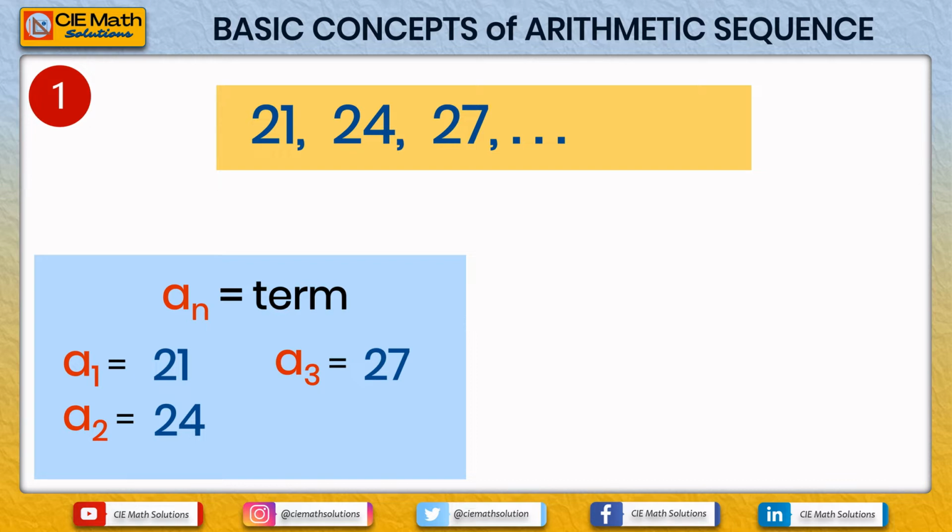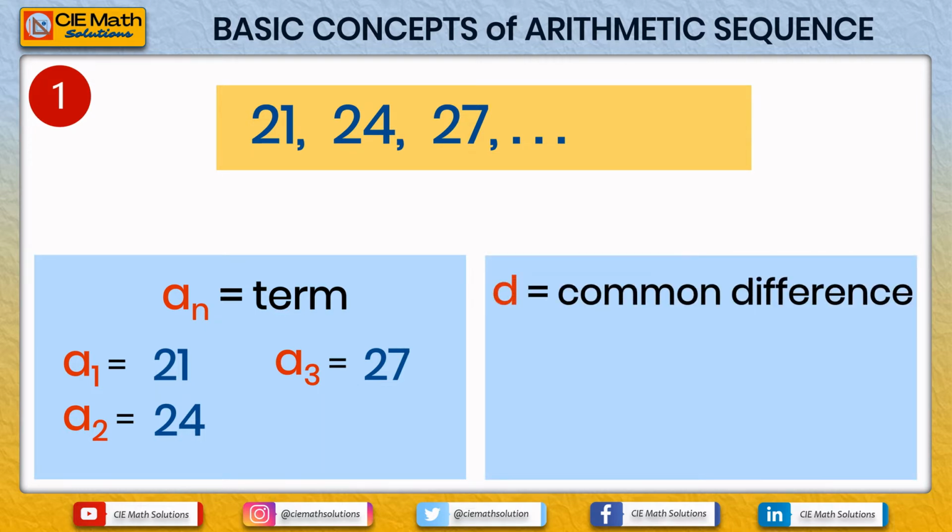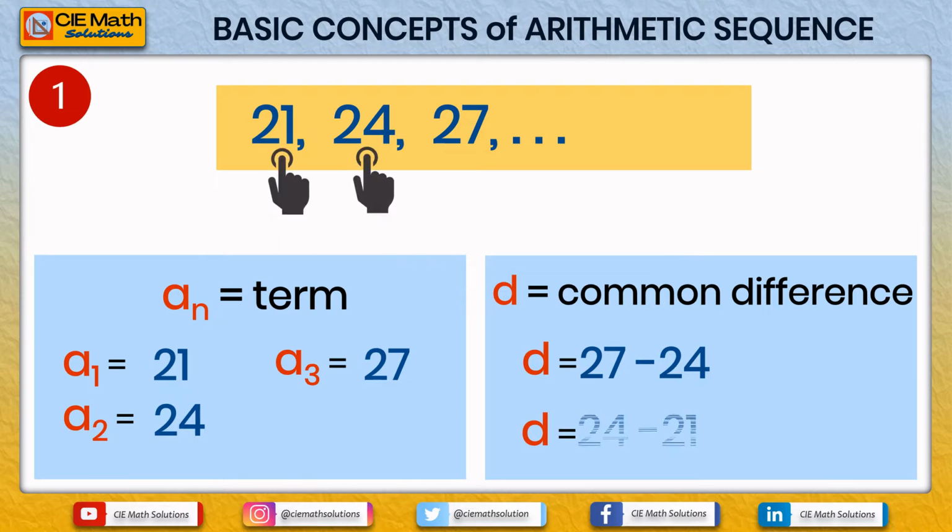An arithmetic sequence also has a common difference, which is denoted by d. In this sequence, the common difference is equal to 27 minus 24 or 24 minus 21. Both of them will give us the value of 3. The common difference of this arithmetic sequence is equal to 3.